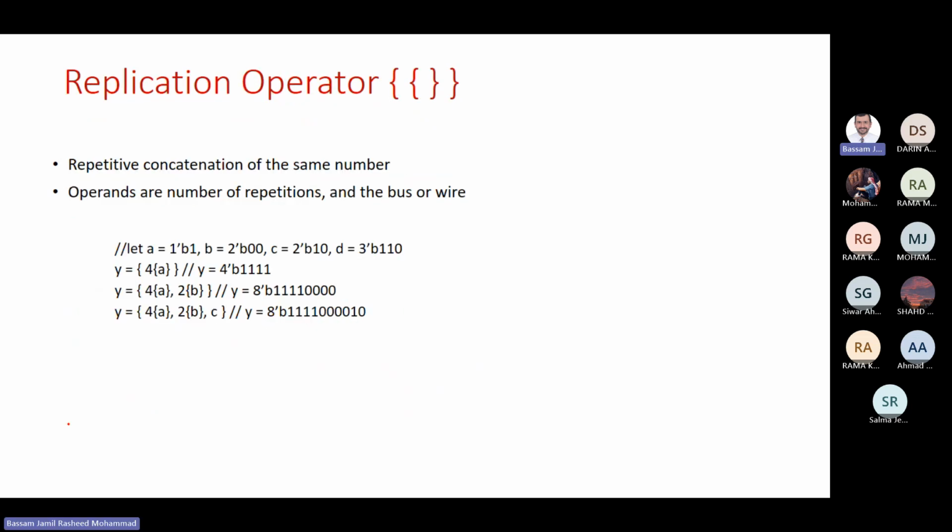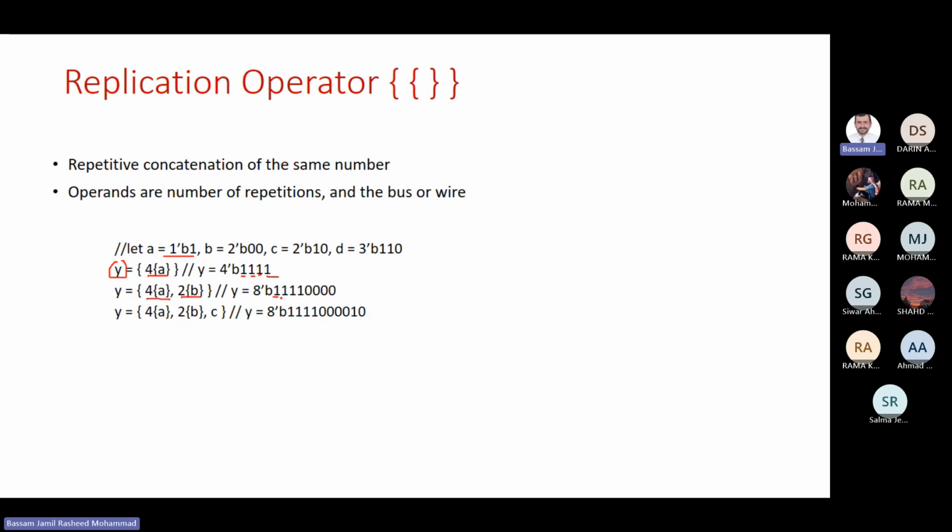We can get fancy with this. Let's say, for example, I want to repeat the variable A 4 times. A is 1 bit. I want to repeat it 4 times, concatenate them, and create a variable Y. I want to create 4 A's and 2 B's.